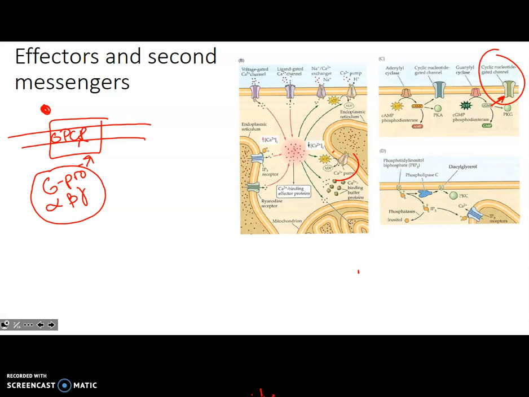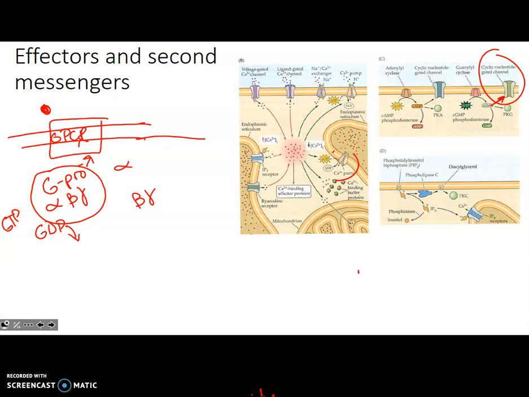Okay, and what happens is the molecule that's typically present here, GDP, gets booted out, right, and GTP comes in. And so now the G protein is active and it dissociates, right?